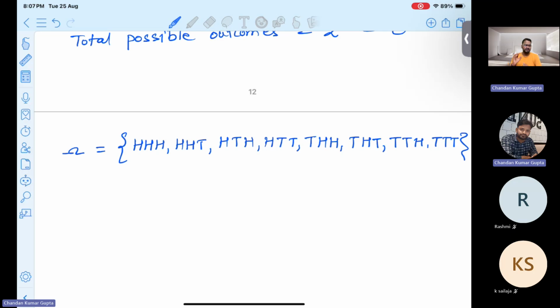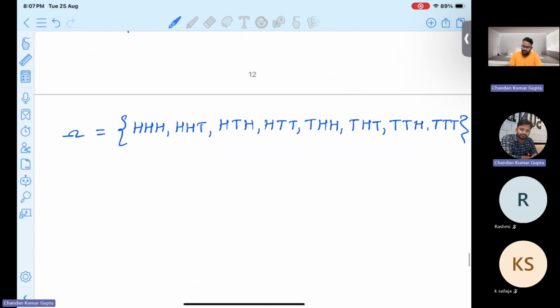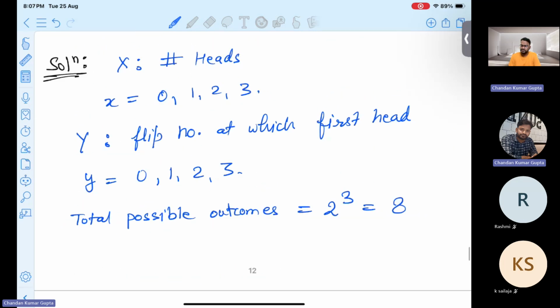Now our aim is to find the probability that X is less than or equal to 2, Y equal to 1. So we need to focus on Y equal to 1 and X less than or equal to 2. First, let's focus on Y equal to 1.